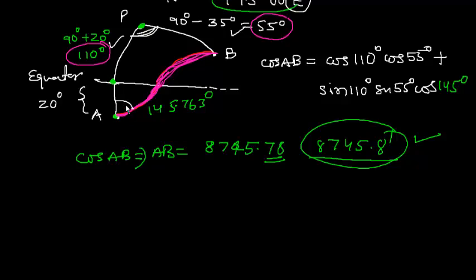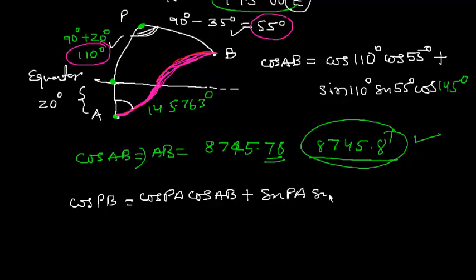Now we need to find the initial course, so I need to find this angle. Well, this angle can be obtained by using this formula: cos PB is cos of this side, which is cos PA, and cos of this side, which is cos AB, plus sine PA and sine AB into cos A, that means this angle.